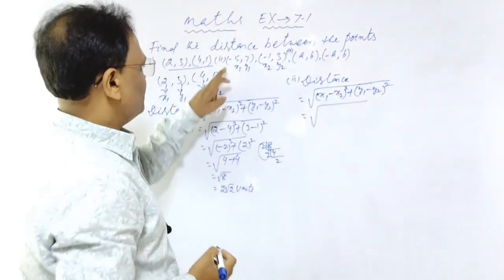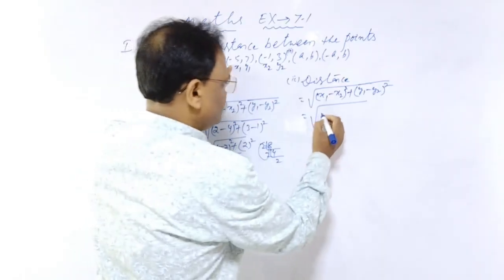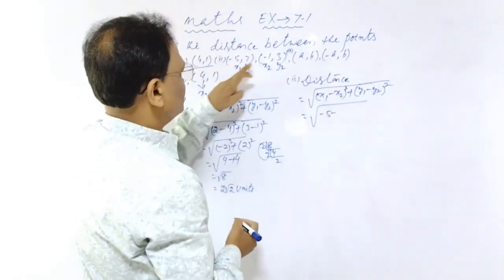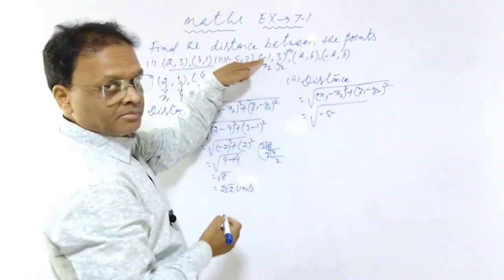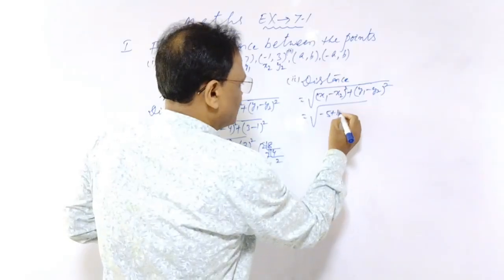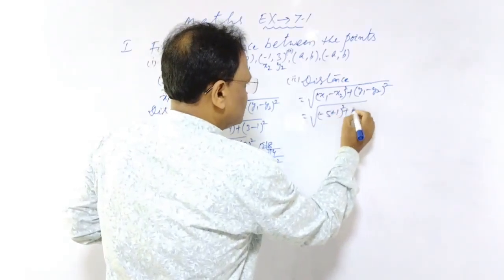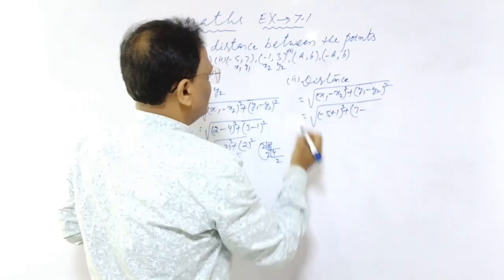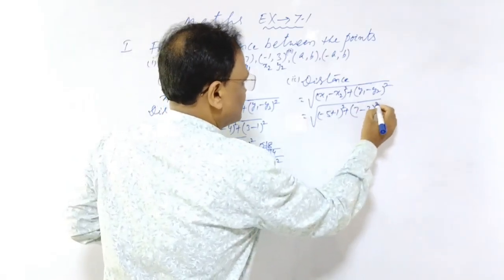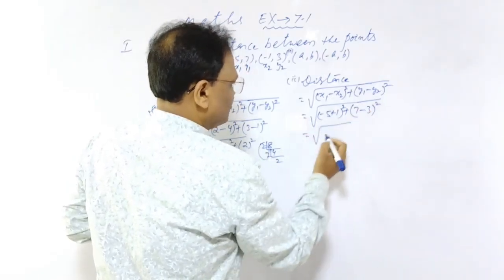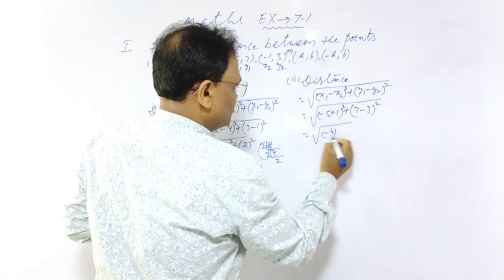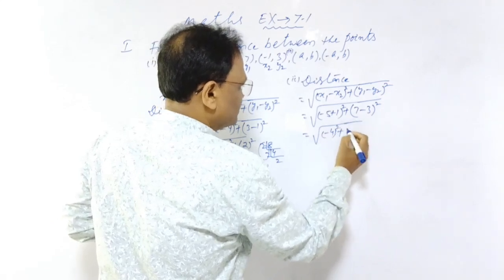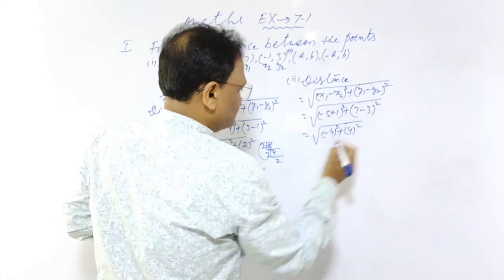What is my x1? My x1 is minus 5, minus x2. x2 is again minus 1, which will be plus 1, plus y1. What is y1? y1 is 7 and y2 is 3. So this gives me minus 5 plus 1, which is minus 4 whole square, plus 4 square.